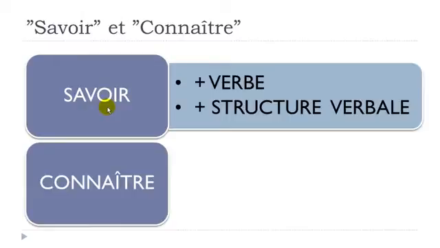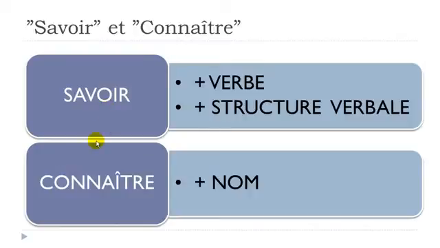But connaître, same meaning, to know, you will use only if you want to put a name or a noun after connaître. So that's the main difference of use between savoir and connaître: connaître plus a noun, avec un nom, and savoir with a verb, or a verbal structure, or let's say a sentence.